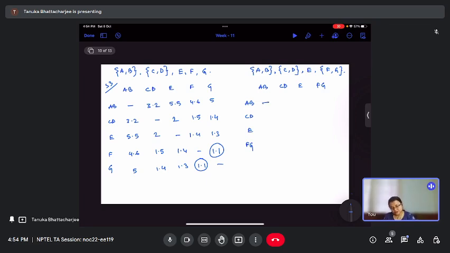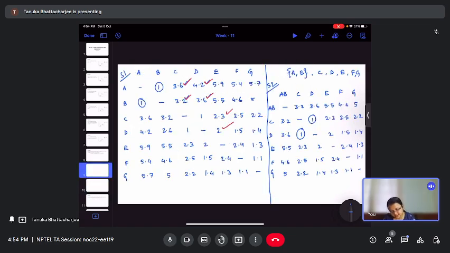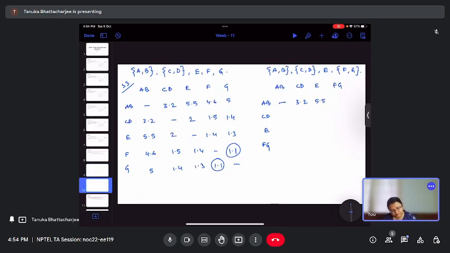So between AB and CD it will be the same. AB and E will be the same. Now you have to compute the distance between AB and FG. The minimum will be 4.6. CD and E is 2.